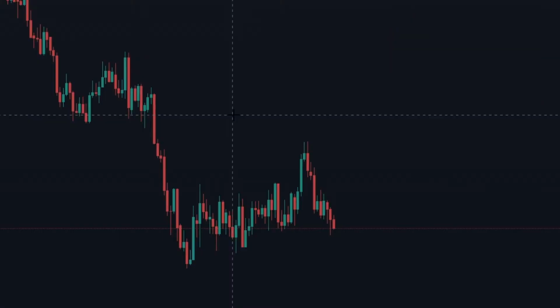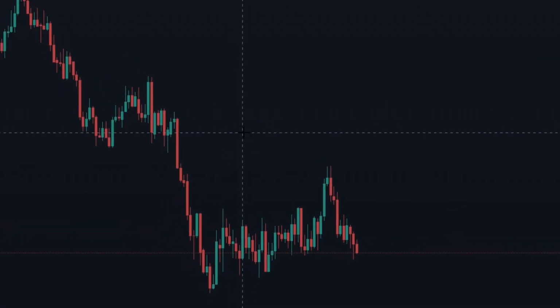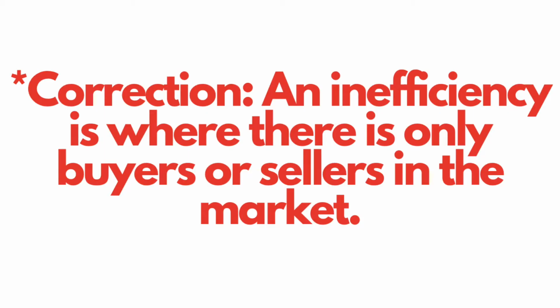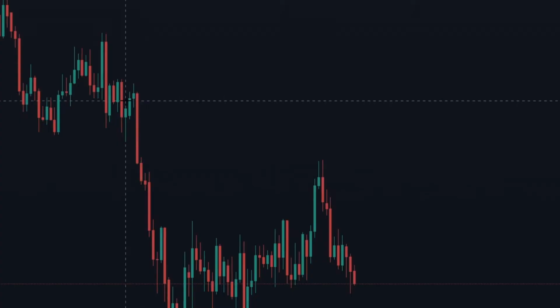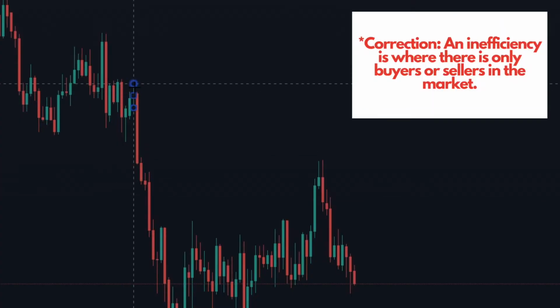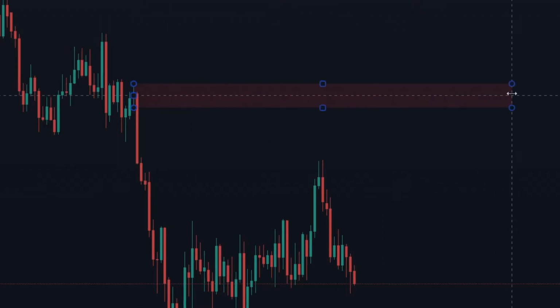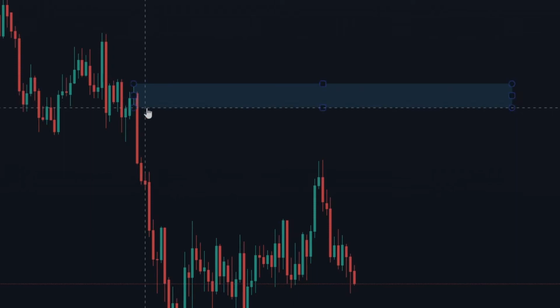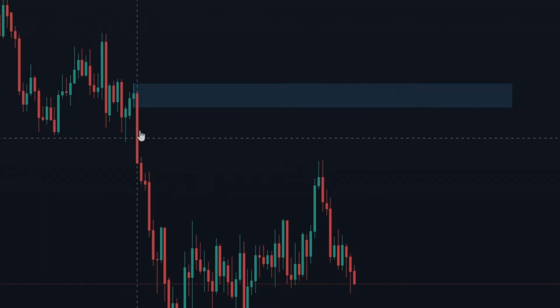An inefficiency is, very shortly put, where there's only buyers in the market, and it can be measured via something like this. So we want to get the order block. If I just mark out the order block like this, let's put down POI, then it is the gap between this candle's wick to the next candle. So it will be here.